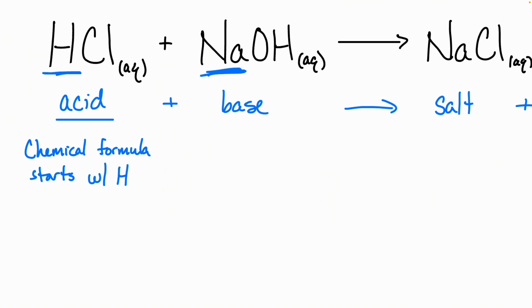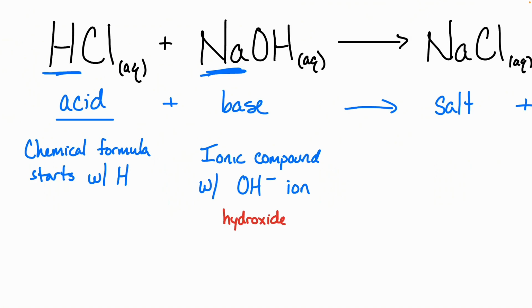So how do I know that I have a base here? So a base is an ionic compound with an OH minus ion. So now we have a new polyatomic ion here, what's called the hydroxide ion.